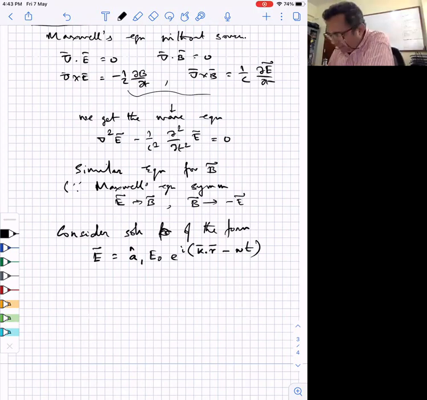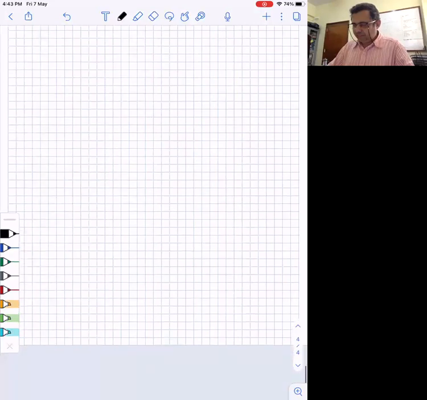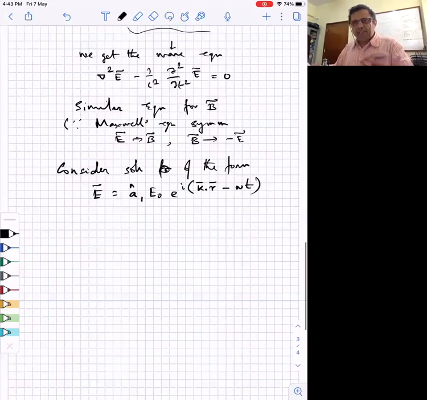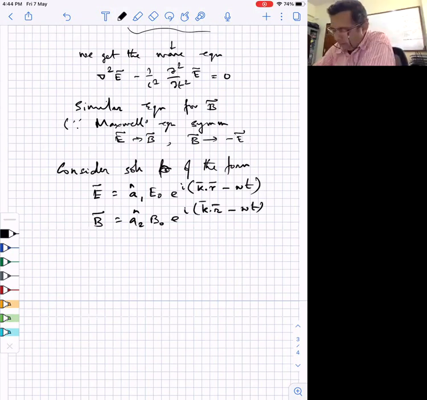And this k, when I write, these are all small k's, never capital K typically. Over here in my pencil, it's not so easy to differentiate quickly. And B will be very similar. So A2 cap B0 e to the power i k dot r minus omega t. Okay, so we have a solution for both E and B.